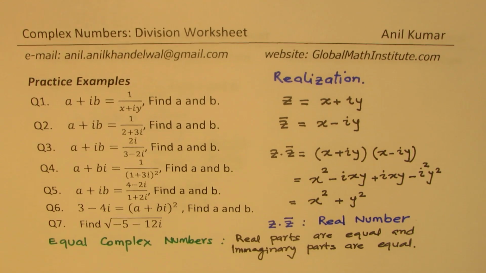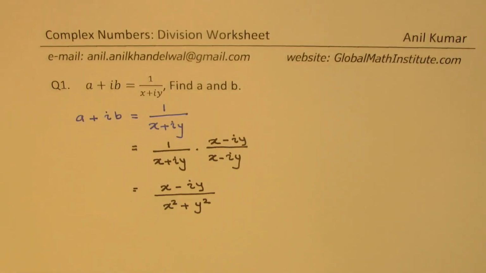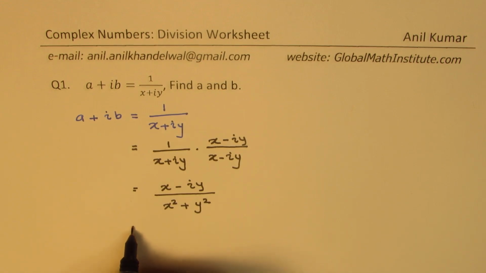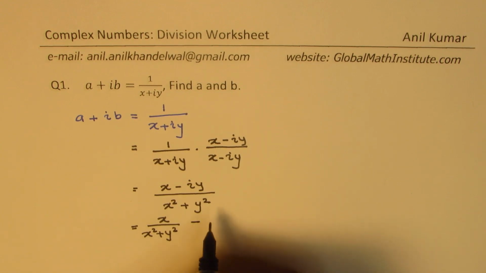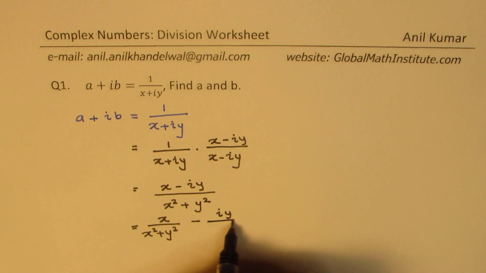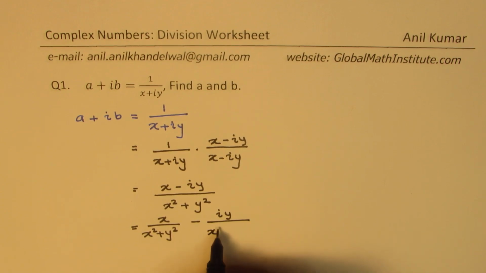Perfect. So I hope that is clear. Now we can from here write this in two parts, which is x over x squared plus y squared minus iy over x squared plus y squared. Clear?